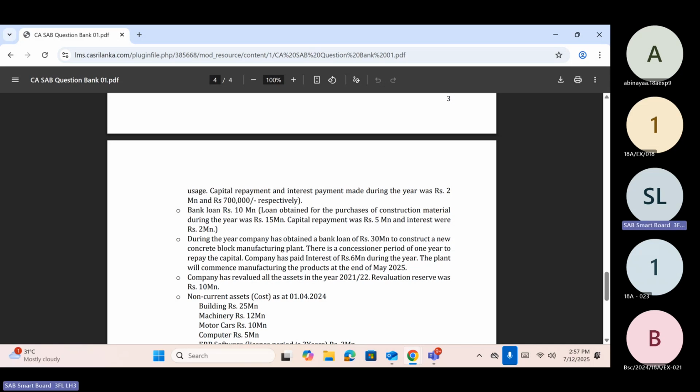Borrowed money used to construct an asset, but asset has not been used during the year for the production of income. Therefore, it is not being allowed. How much? 6 million.